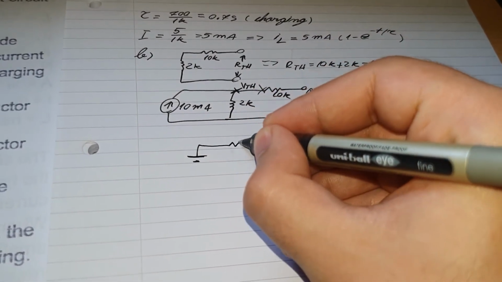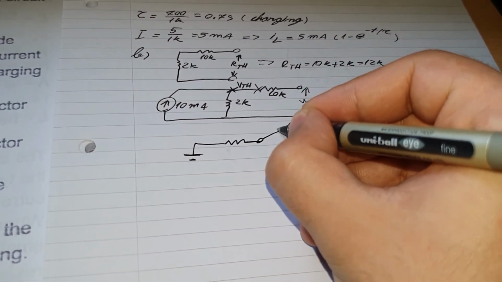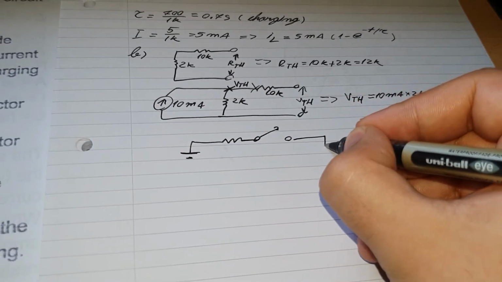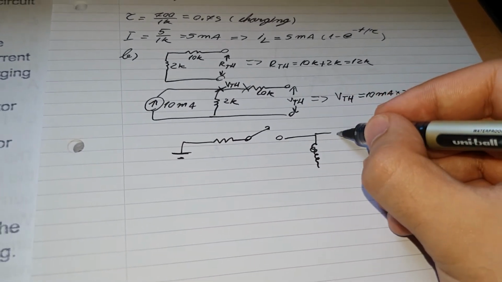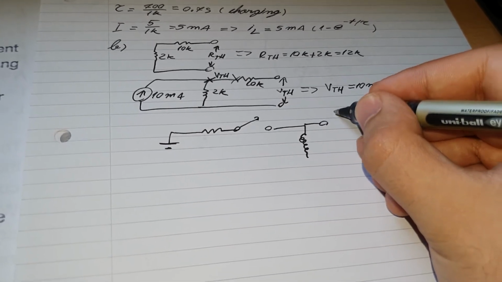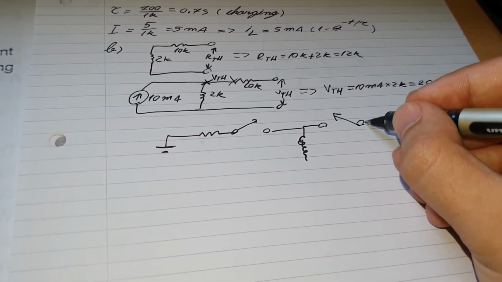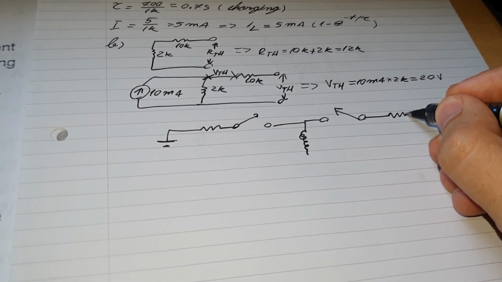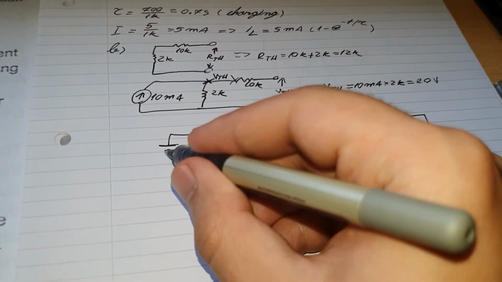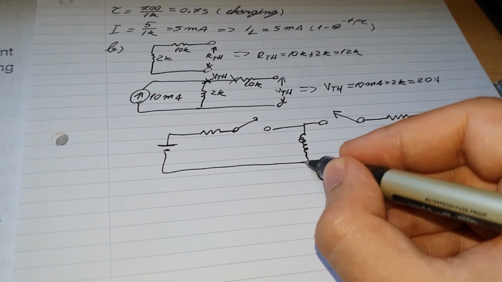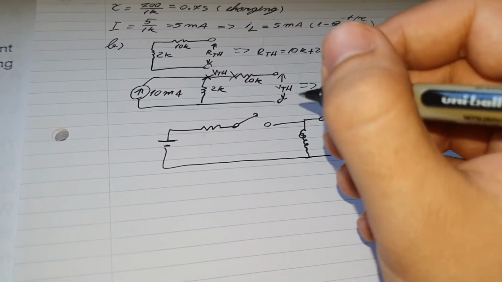So here is one of them. Here is the switch. Here is the inductor. I know it's a bit ugly, but I don't want to make the video longer than necessary. There you go. There's another resistor, there is the power source, and here is the wire.